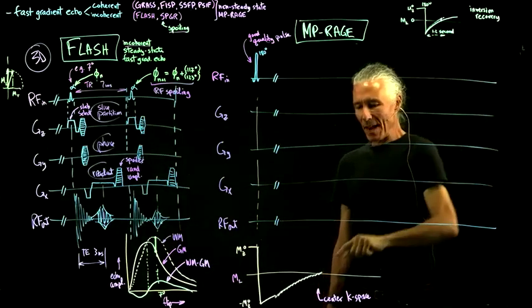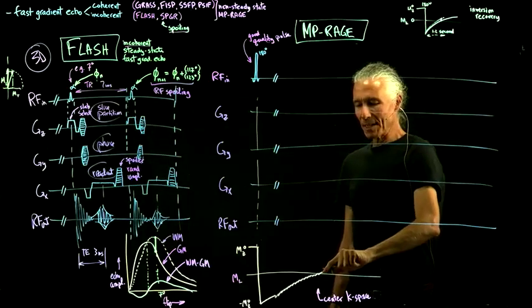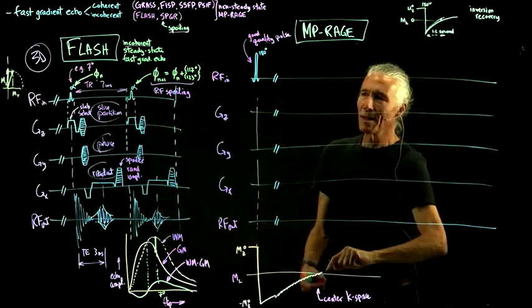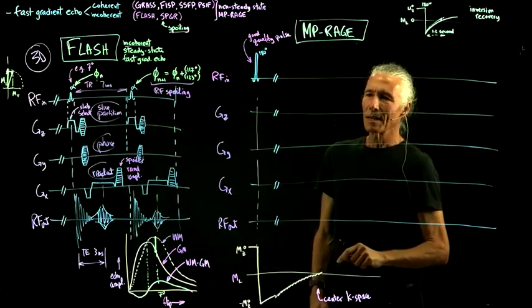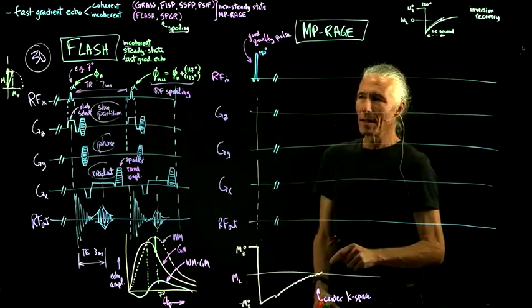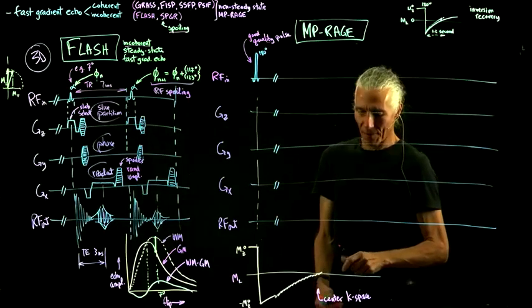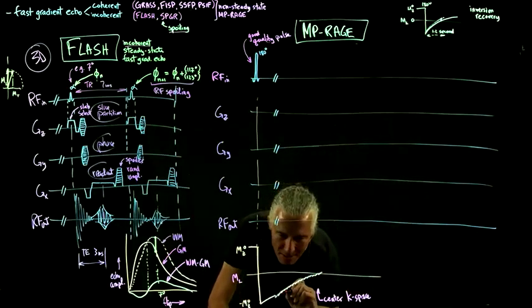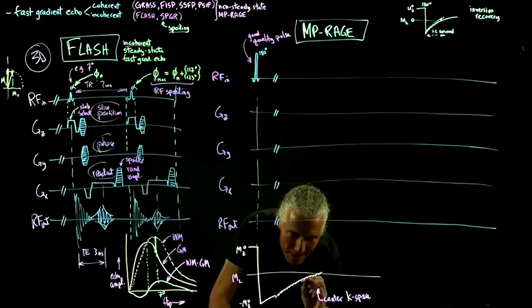So the RF pulse that we're going to record a readout for through the center of K-space will have a lot of contrast, because there'll be no signal from the gray matter, and there'll be a signal from the white matter. And so the idea is that there's another one that's really close, and hopefully that guy just exactly ended up at 0.